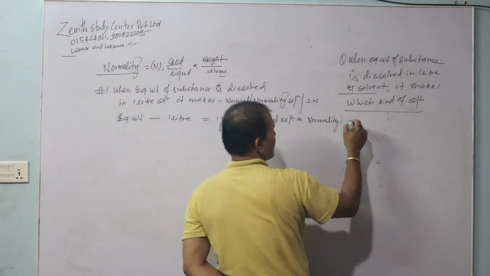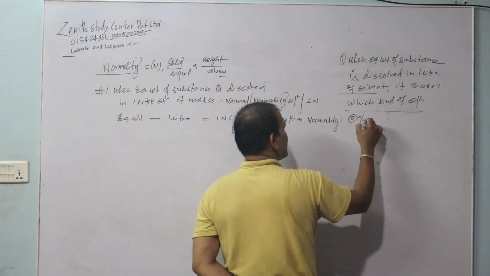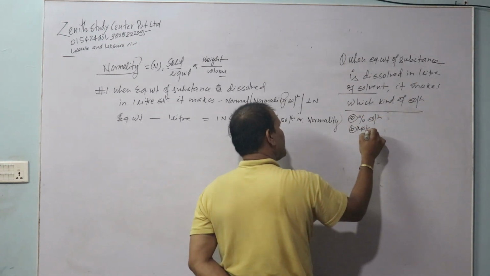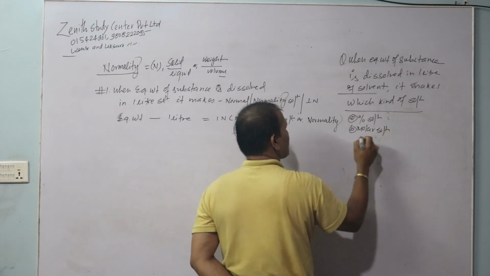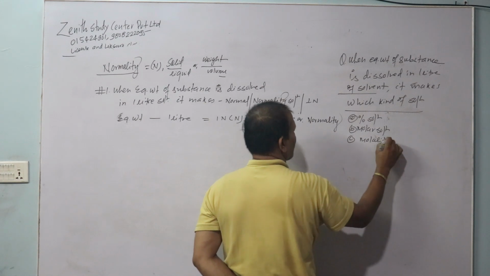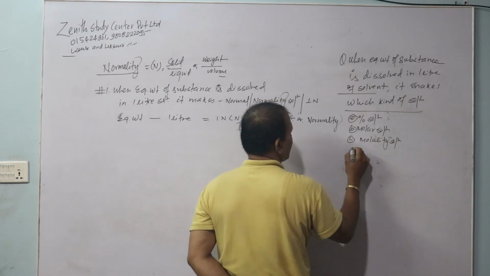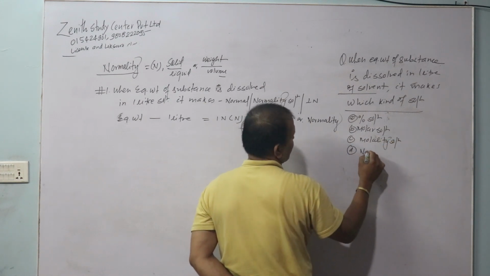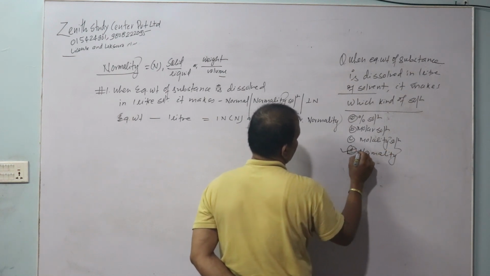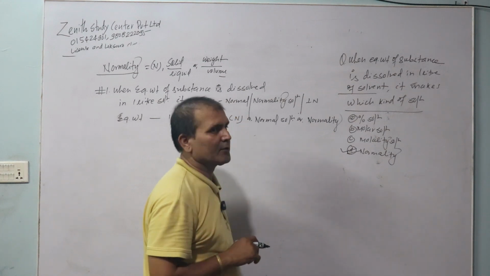If the options are percentage solution, B molar solution, C molality solution, D normality solution, the answer is normality solution.